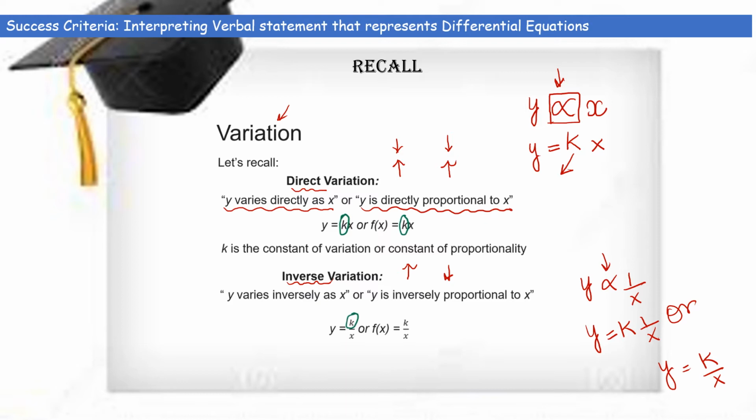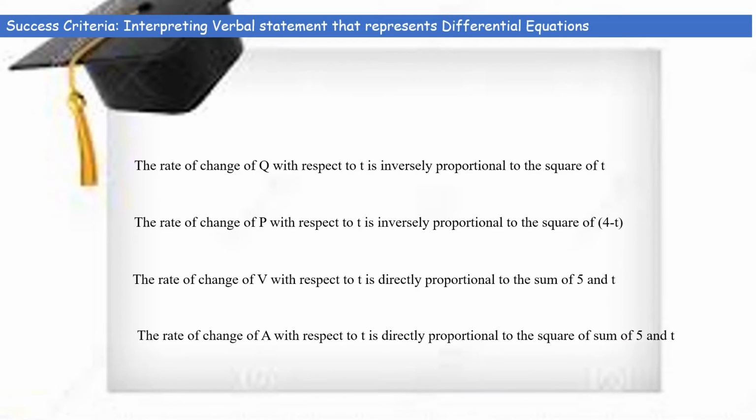Now we have to interpret the verbal statement that represents the differential equation into the mathematical form. So the question is: the rate of change of Q. Remember, I just said that whenever we have the rate of change of anything, it means we are trying to write the derivative of that variable with respect to time.